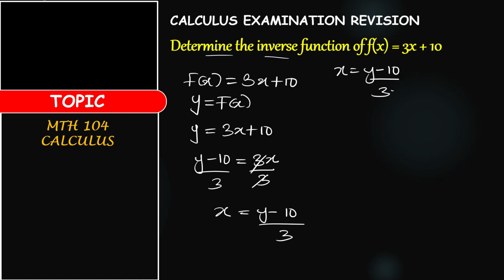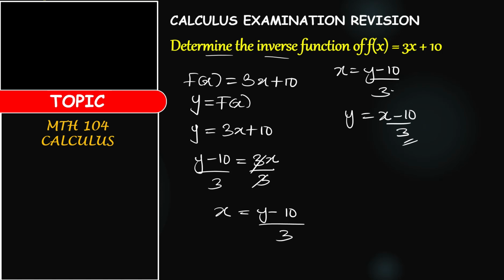Now wherever you see x, put y. Wherever you see y, put x. That is the inverse. So here it becomes y is equal to x minus 10 divided by 3. Are you getting it? Now, which of the options do you think is the correct answer?